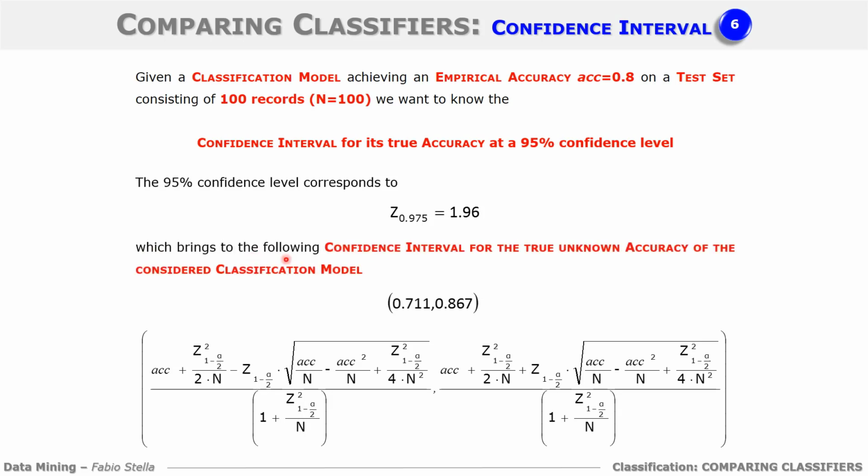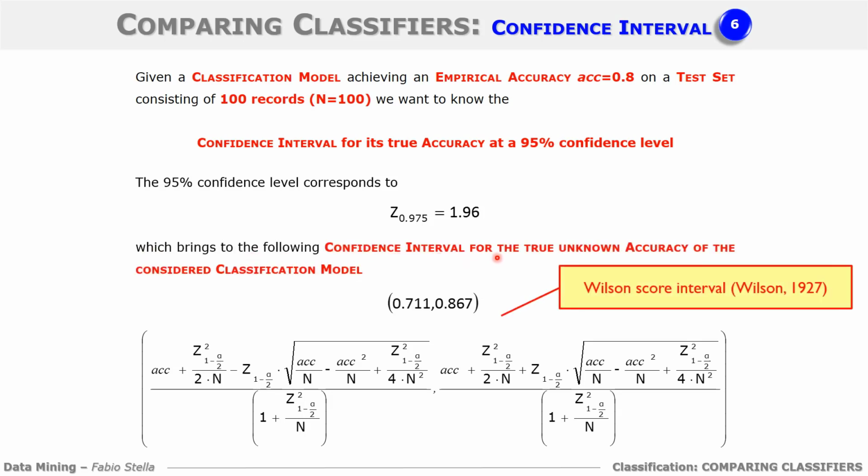This brings to the following confidence interval for the true but unknown accuracy value of the considered classification model: 0.711, 0.8767.